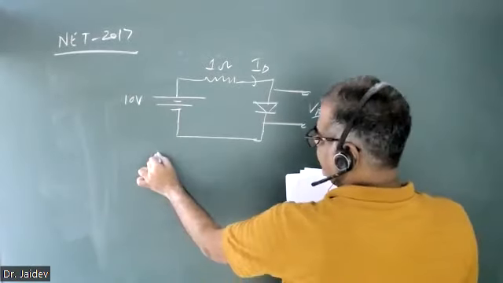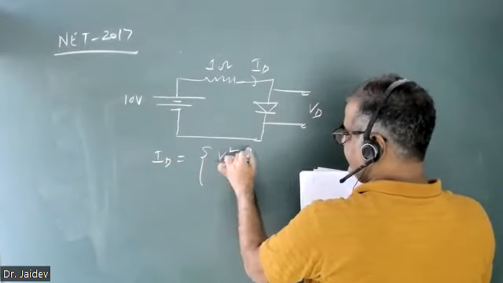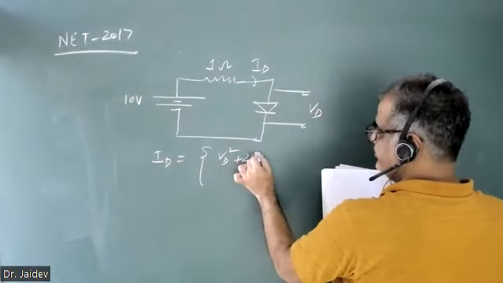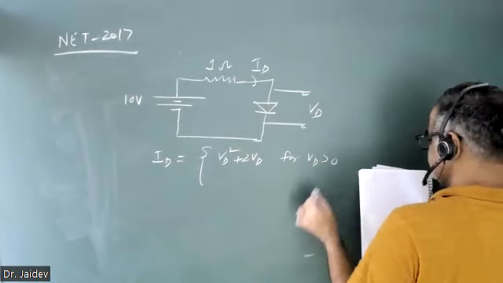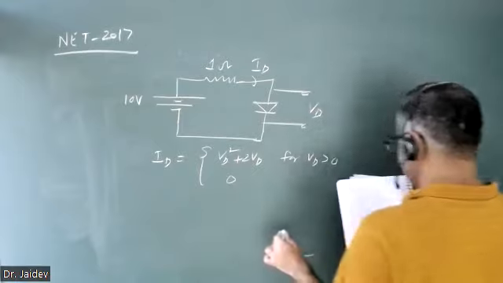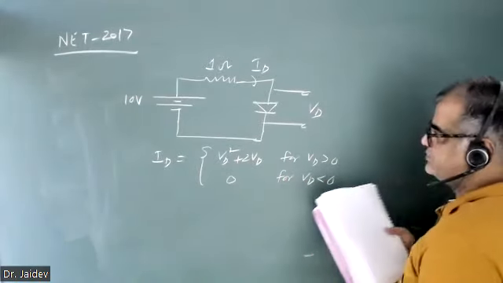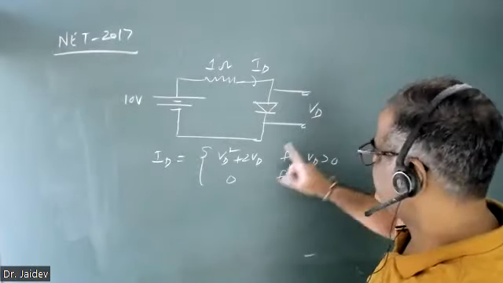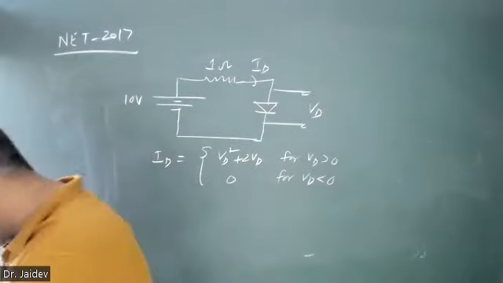The ID is equal to VD square plus 2VD for VD greater than 0, and this is 0 for VD equal to 0. So the ID value is given to you. Find the value of VD.